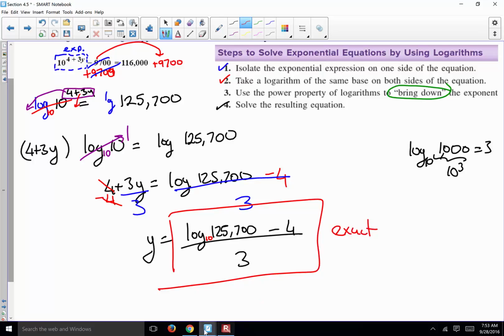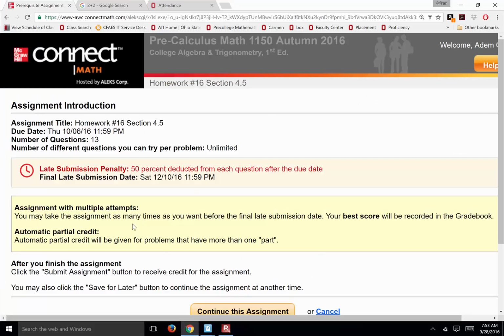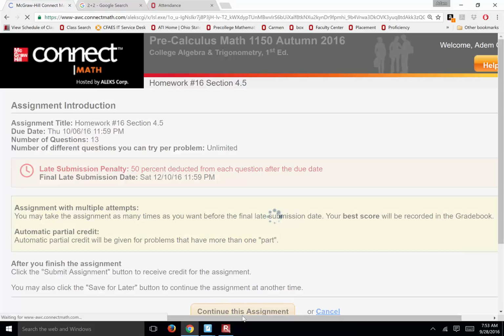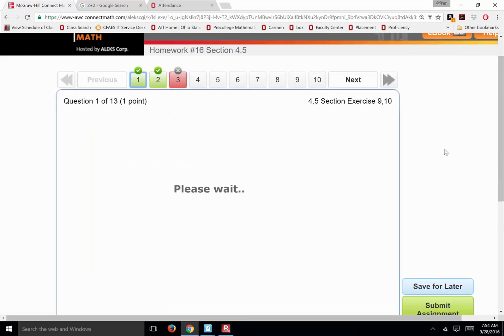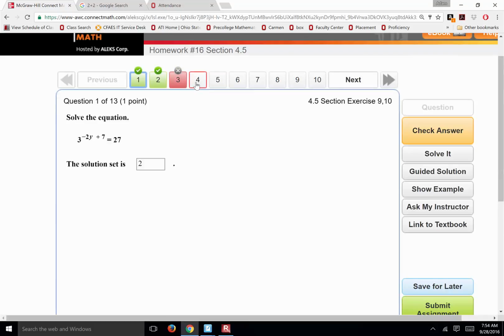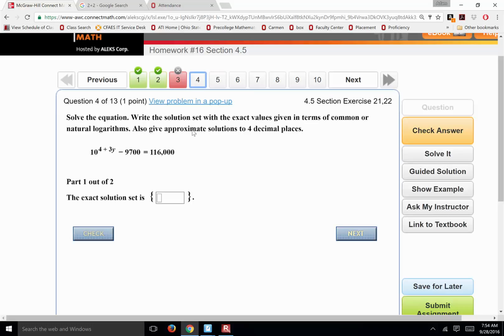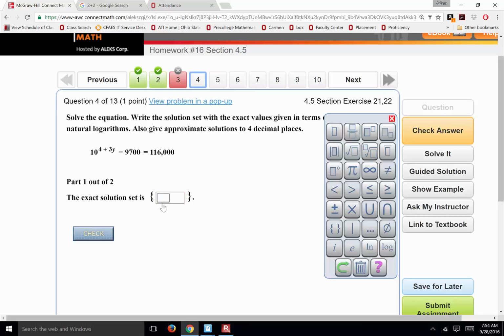That's what we are going to enter into the first part. So that's log, back up to use the fraction first.